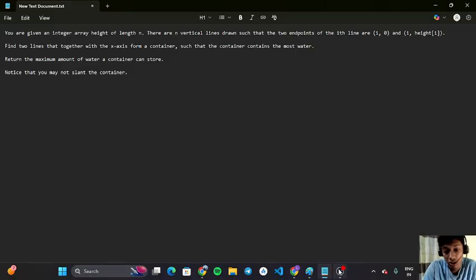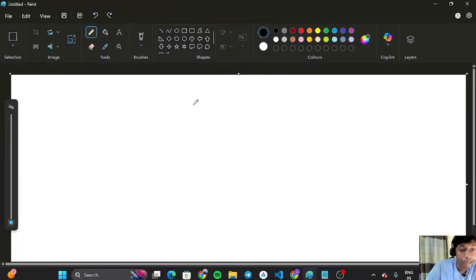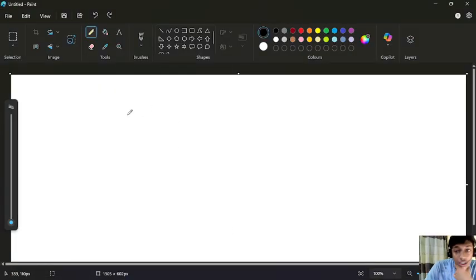Let's start by visualizing. Suppose we have two lines, one of height h1 and the other of height h2, and the distance between them is d. The water can only be stored like this because the height of the container depends on the minimum height of the left and the right bars.